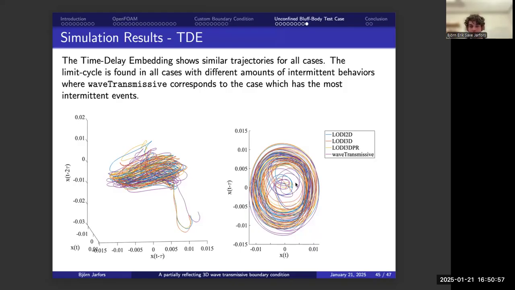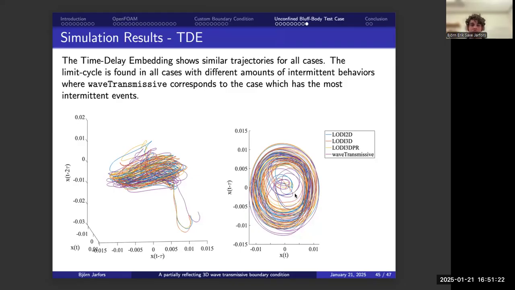All of the parts here in the middle, so this is actually taken from a part of the signal where it's sort of statistically converged, let's say. All of these parts in the middle are basically the intermittent changes of the vortex shedding dynamics.